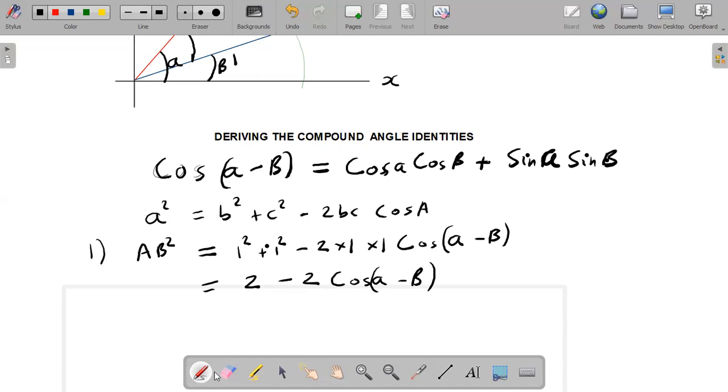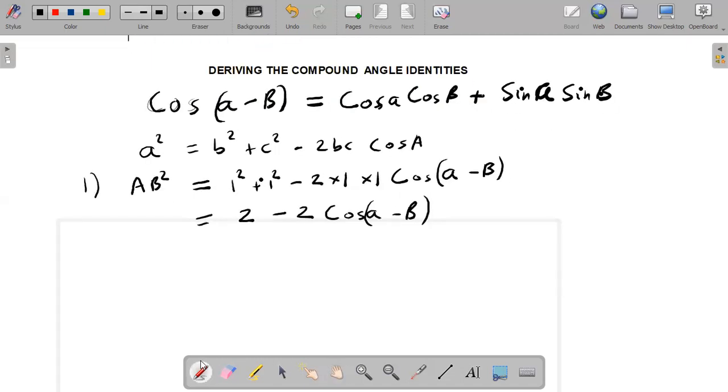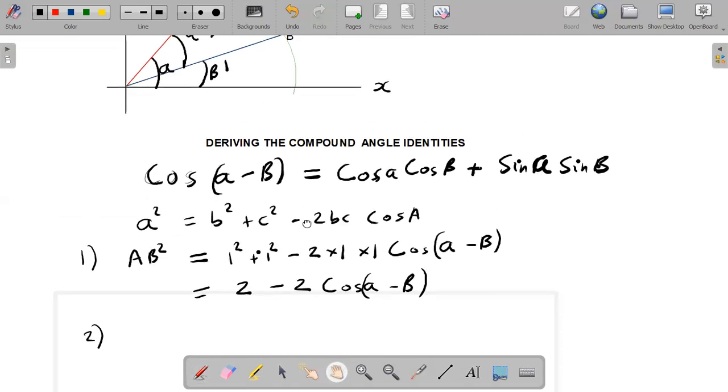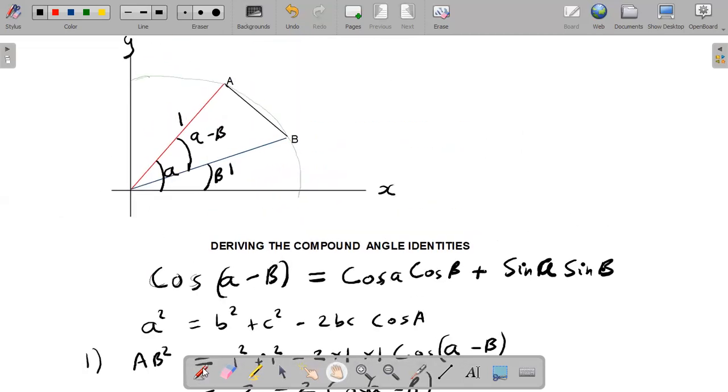The next stage is creating another equation for AB. This time, on our Cartesian plane, these two points A and B, we shall label their coordinates.